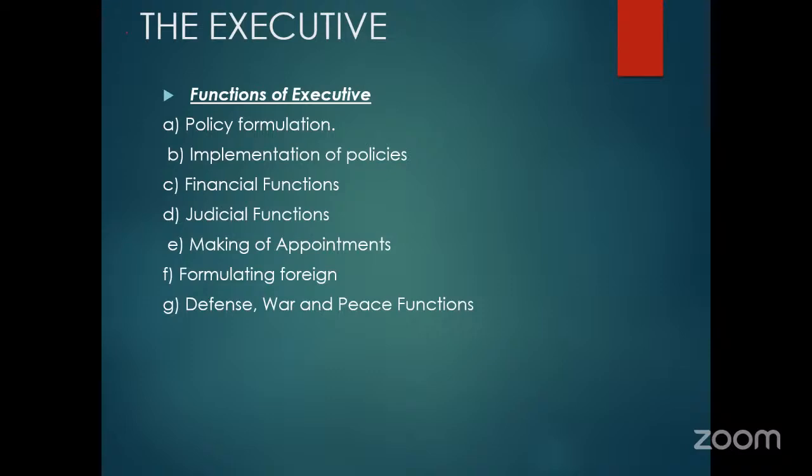Ambassadors, the Advocate General of India, members of the Union Public Service Commission, governors of the states, even the Chief Election Commissioner, all those members are appointed by the chief executive. Who is the chief executive? The President is the chief executive.